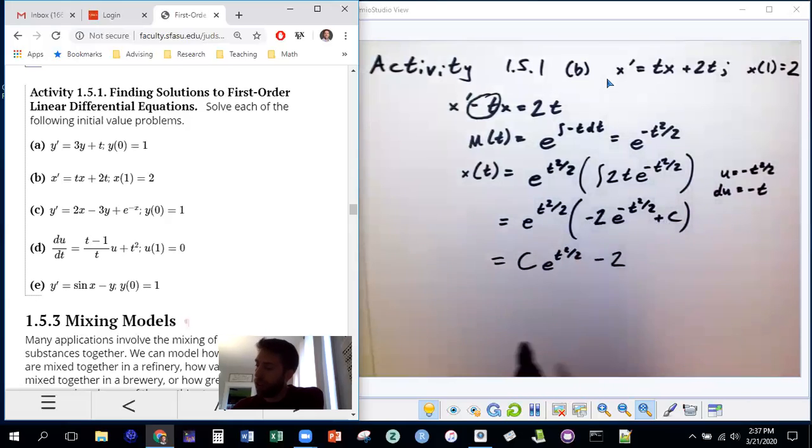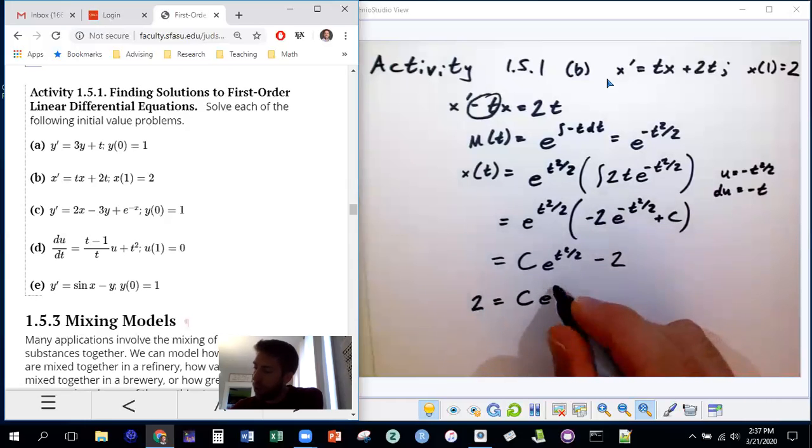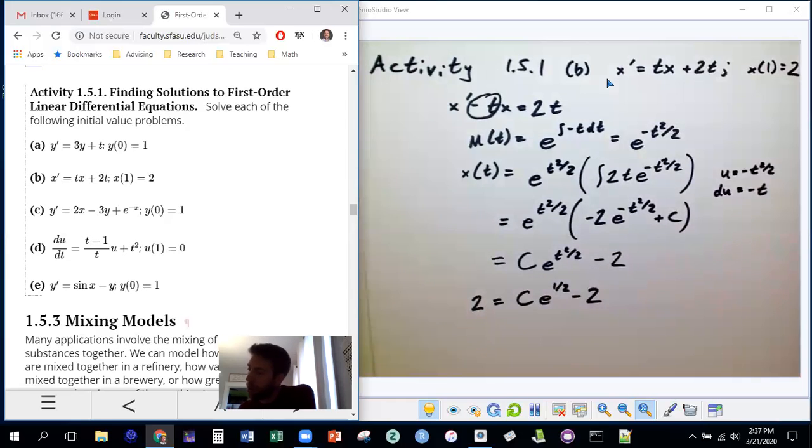Now my initial condition is that x of 1 equals 2. So 2 equals c e to the 1/2 minus 2. So then right there, add 2 to both sides and divide by the square root of e.